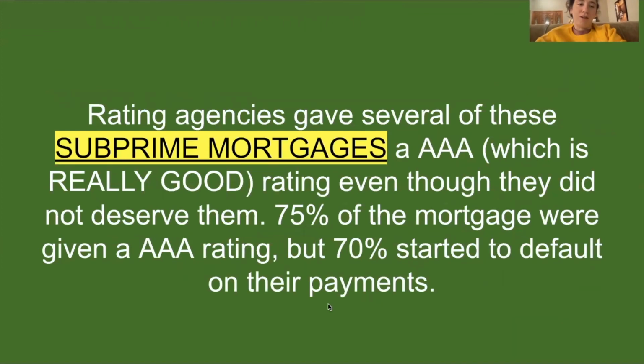We have, like I said, rating agencies giving a lot of these subprime mortgages, these bad poison mortgages, a AAA rating, which is a really good rating, even though they did not deserve them. 75% of the mortgages were given a AAA rating, but 70% started to default, started not being able to make those payments on their mortgage.